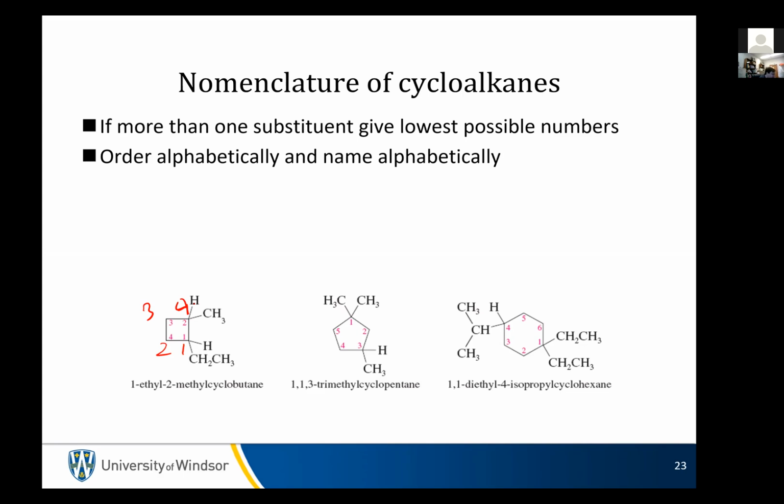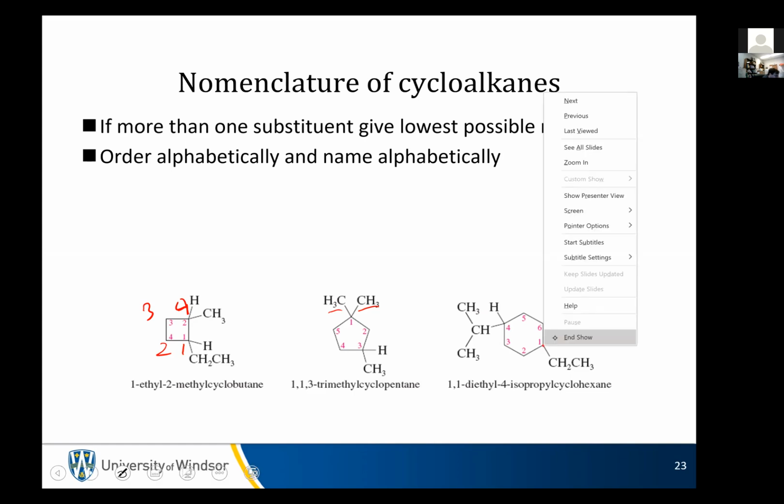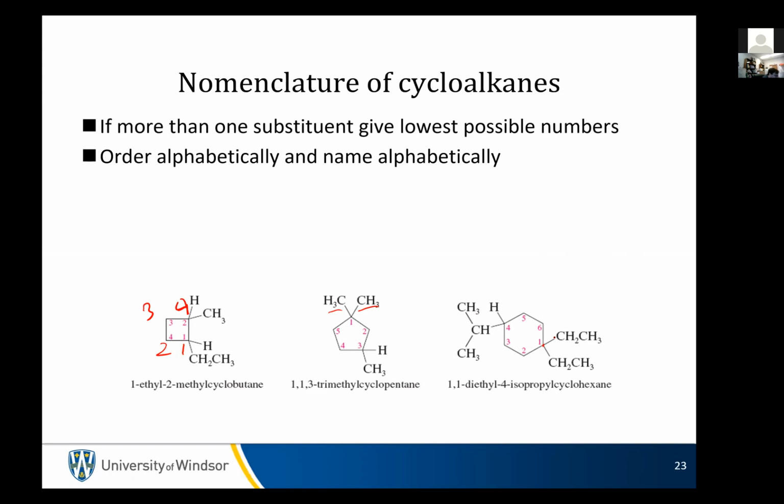So you want to go the other way. We see the same thing over here, where we've got 2 methyl groups on 1, so obviously we want to give that priority, that position over the other position. And over here, we're down to that issue with, again, 2 ethyl groups on 1, so we want to give that priority.